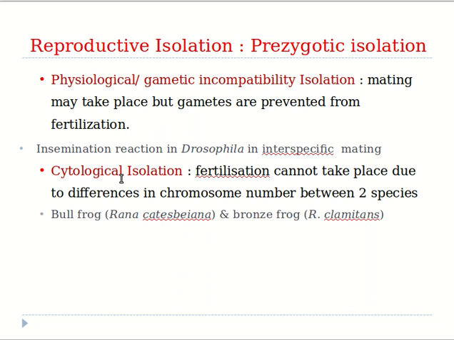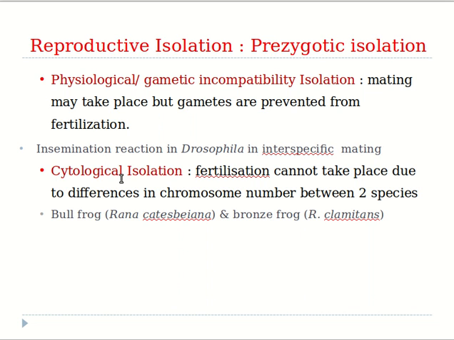In cytological isolation, fertilization cannot take place, and it is due to differences in chromosome number between two species. One example is again from the frogs, the Rana species. Two frogs, Rana clamitans and Rana catesbeiana, do not hybridize mainly because of a cytological block to fertilization. You can see here that the chromosomes of the two species are incompatible, and hence fertilization cannot occur even if they are brought in contact with one another.